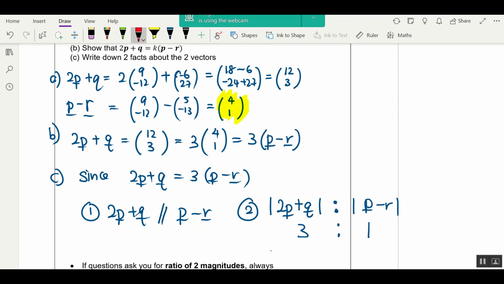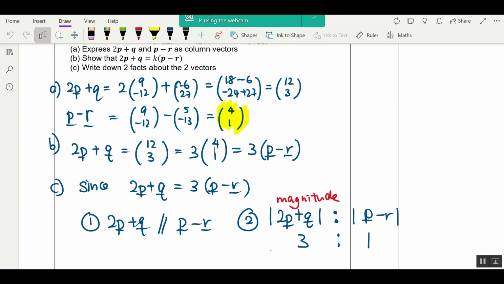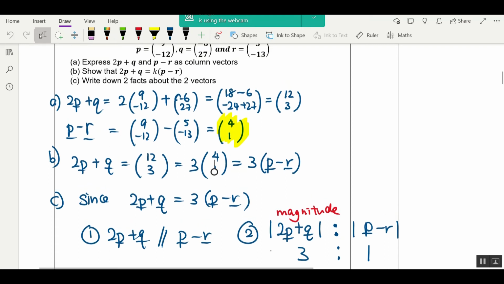So we always talk about the magnitude. Okay, so the important point about this part of the video is, if a bigger vector can be expressed as a k times of the smaller vector, there are two things you can say. Number one, they are parallel.